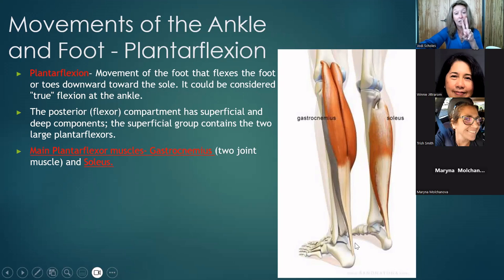So the 2 joints that the gastroc crosses, the knee and the ankle. Attachments at the distal end of the femur and the calcaneus. Pretty straightforward, actually. Just good to review.